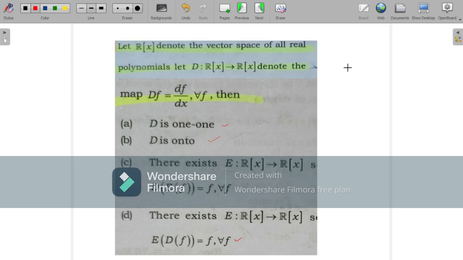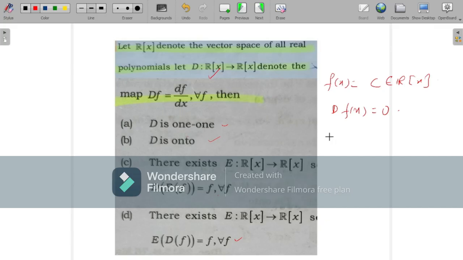So let's take f of x as a constant polynomial in R of x. Then D of f of x will be 0.